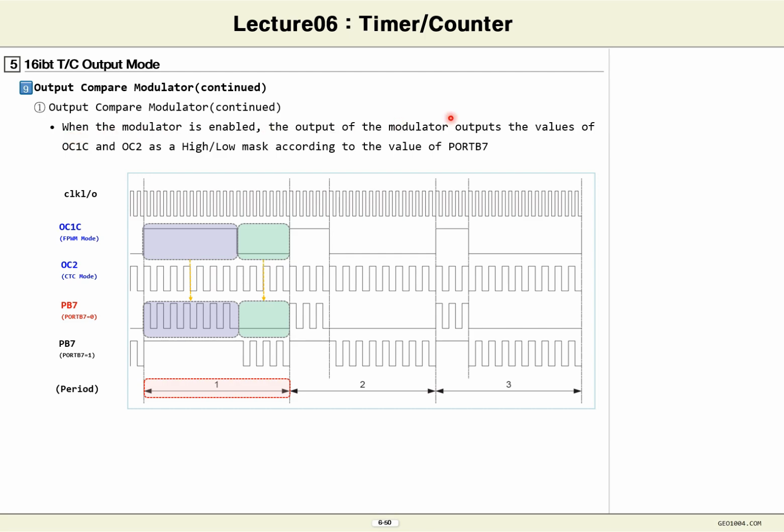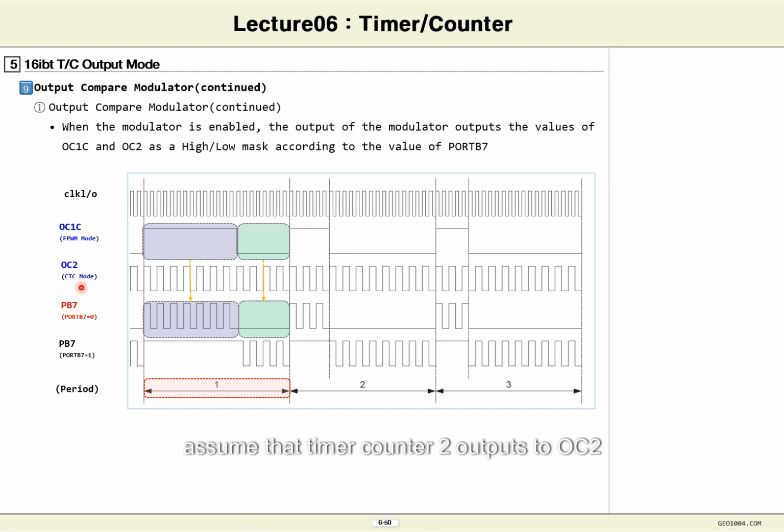This first explanation is explained through the following output waveform picture. System clock is coming in. We assume that the output to OC1C of timer counter 1 is generated using fast PWM mode as follows.